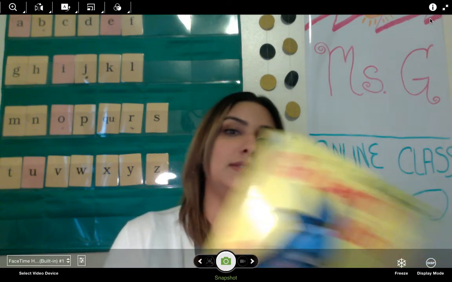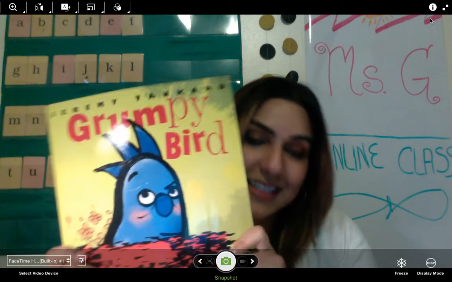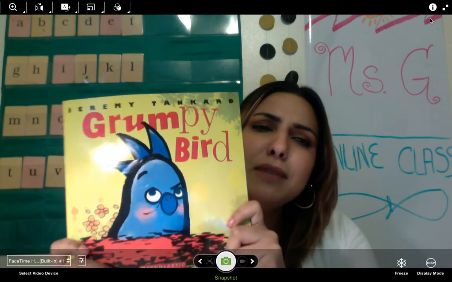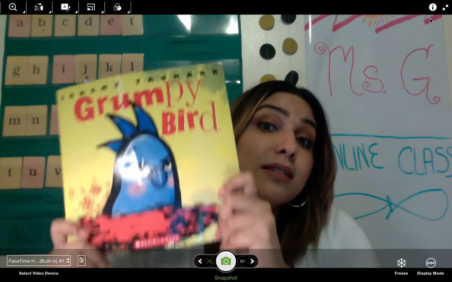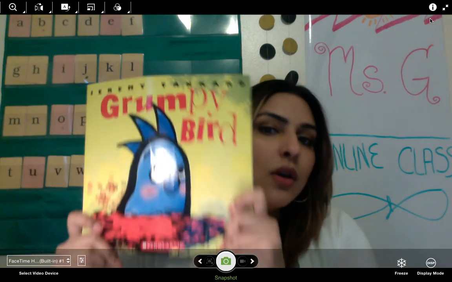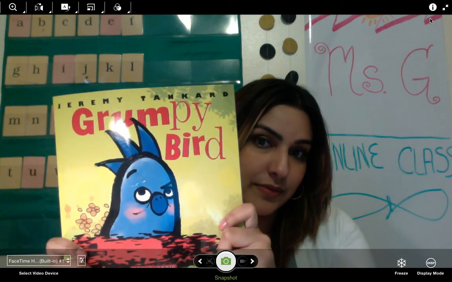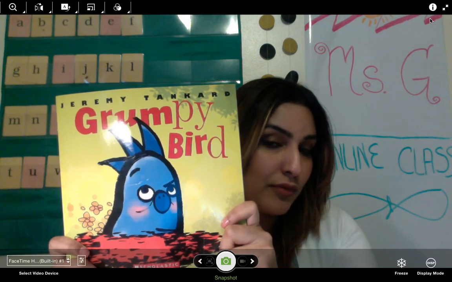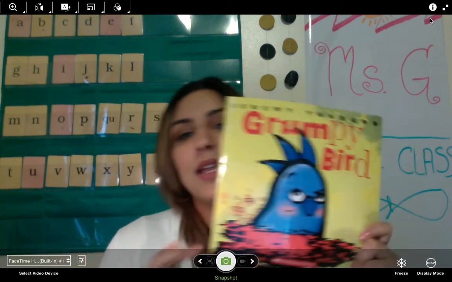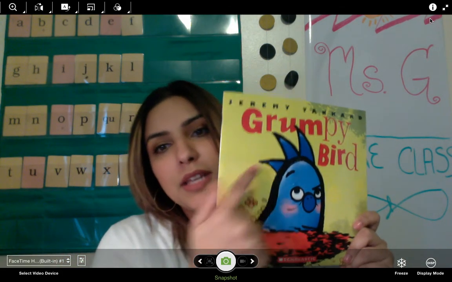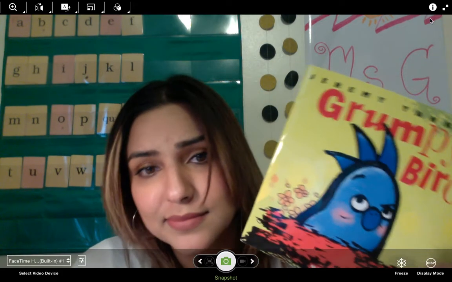Here's a book that I hope to read to you guys one day because I love this book. It's called The Grumpy Bird. Do you think this is a storybook or informational? Well, I'm going to look at the picture. So I'm looking at the picture and it's a drawing. Is that real?